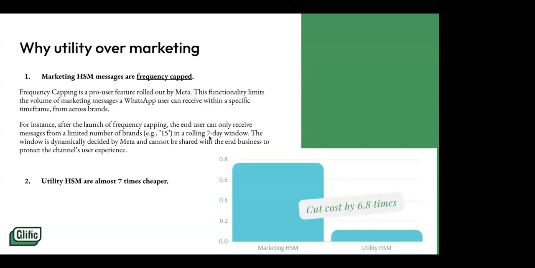This change has happened only in the last few months. So this is something we have to adopt and master and move forward with if we want to continue to run successful chatbot programs. They should have also provided the provision to change the current approved messages from marketing to utility, because now we have to delete everything and recreate everything.